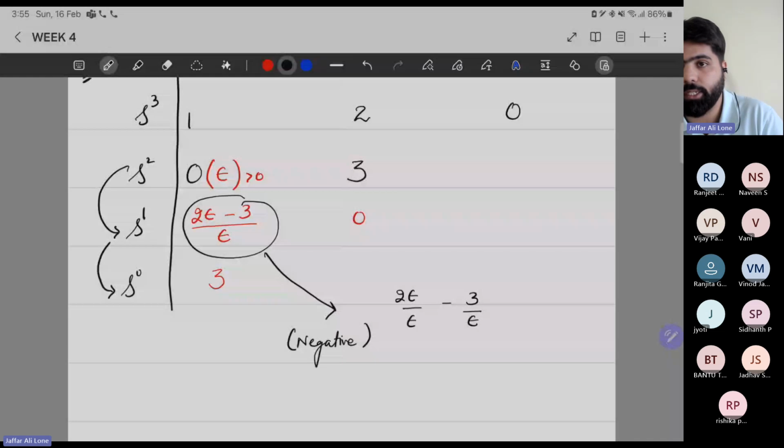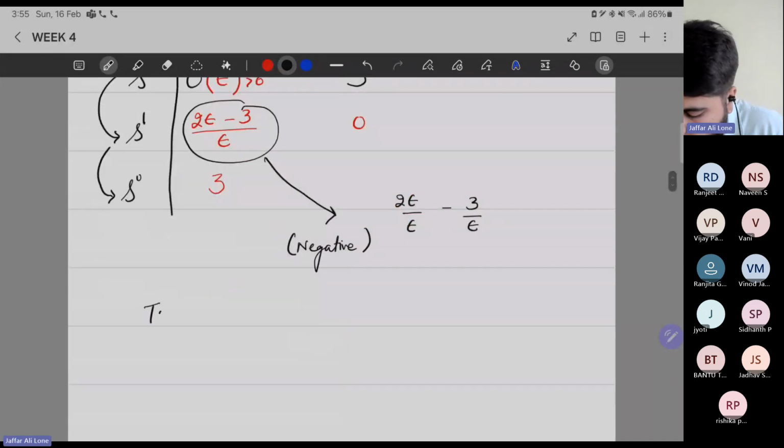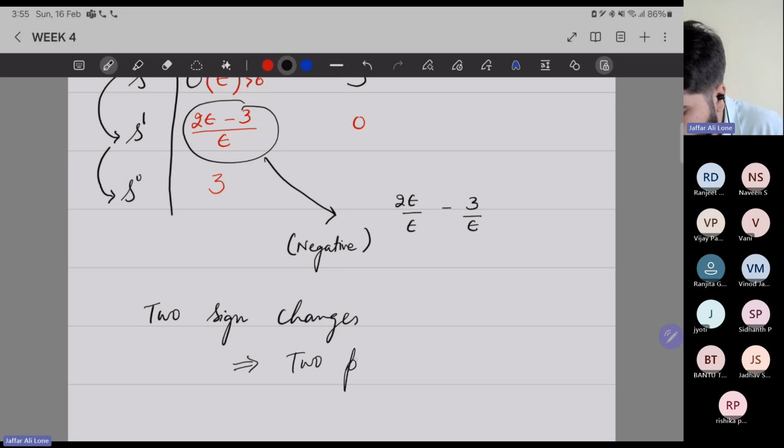This 3 is positive, and epsilon we are already assuming to be positive. So there are two sign changes, which implies two poles in the RHP.